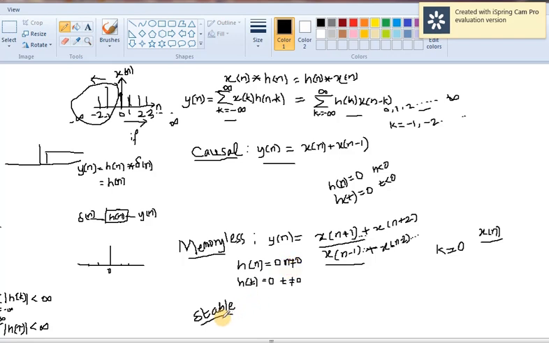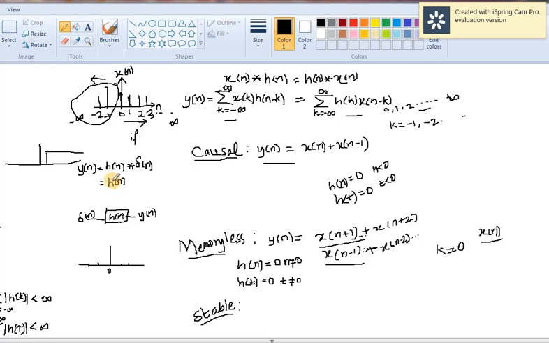Then the last one is regarding the stability of the system. As we know, the system is said to be stable if a bounded input produces a bounded output. As the unit impulse response is there, we apply the bounded input and check for the bounded output.